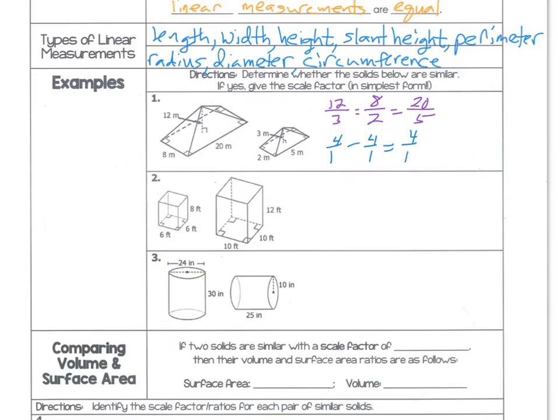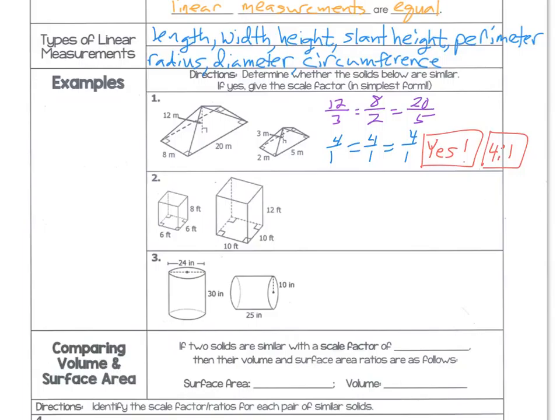So since they're all equal, your answer is going to be yes. And then they want the scale factor, so the scale factor is going to be written this way, 4:1, because they want the scale factor in simplest form. Now, if you had gone right to left, your scale factor would read 1 to 4, and that's okay.